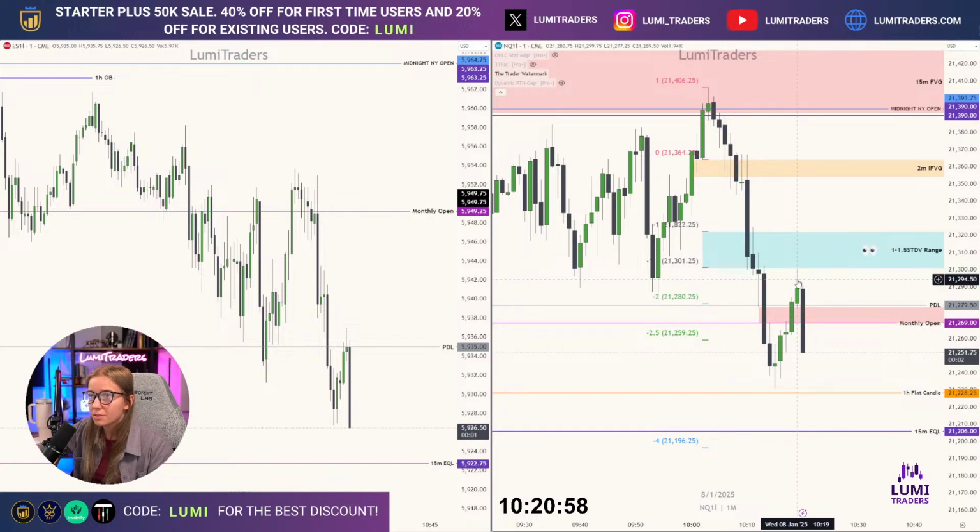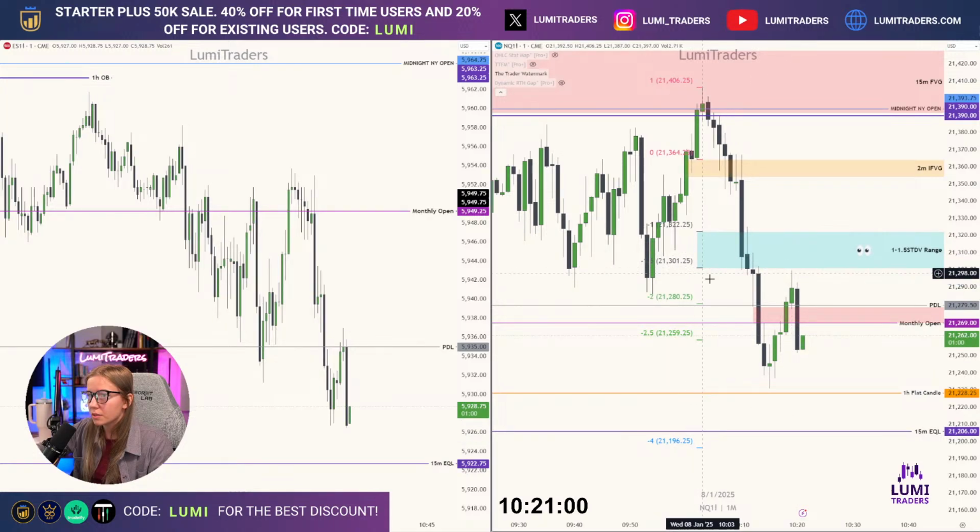It was like 1 point away from this range. First deviation, right, below 15-minute equal lows. A little bit disappointed that it failed to take by 1 point, but I would say it's acceptable, since this range is not super accurate, right?